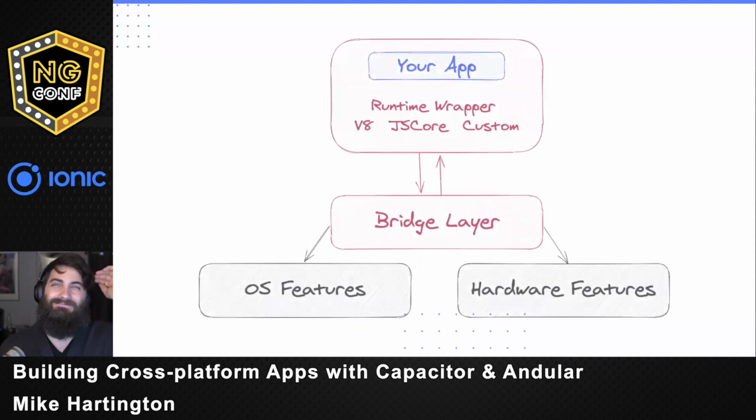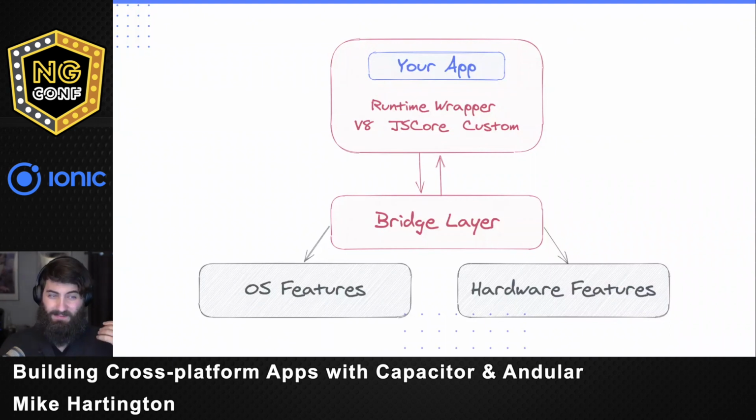So from like a 10,000 foot view, if we think about what this actually looks like, we have your app written in this blue box up here, where we have that loaded up in some kind of runtime. Some approaches use things like V8 on Android, JavaScript core on iOS, or a fully custom renderer / virtual machine that interprets your code and handles all the communication between your native device features.